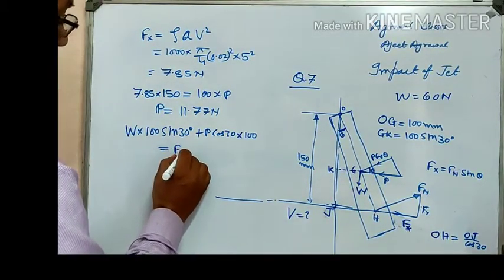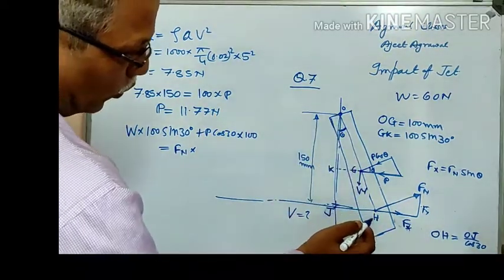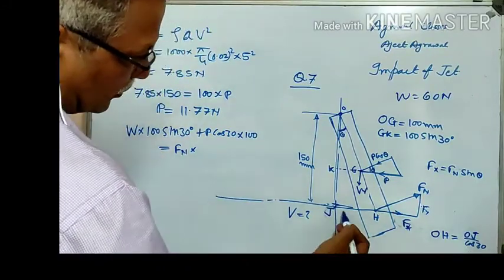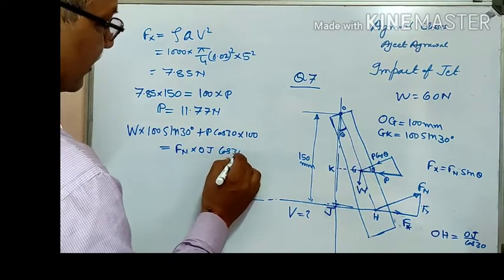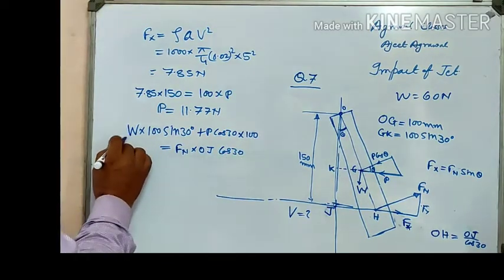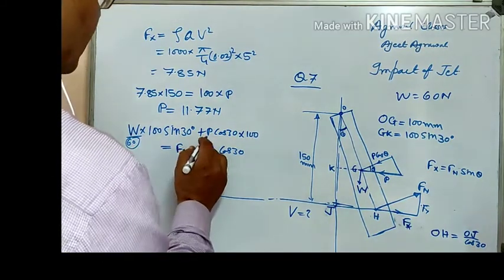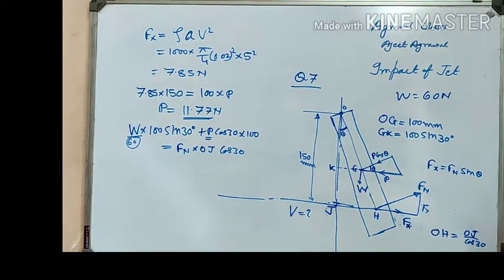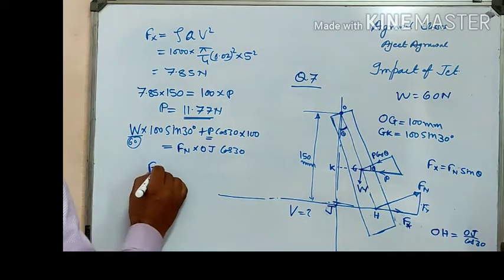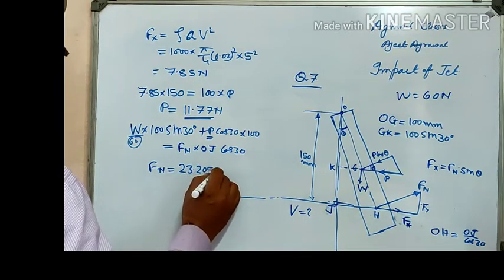It is Fn multiplied by OH, where OH is nothing but OJ cos 30. From this, W we know as 60 Newton, and P we had already calculated as 11.77. If you substitute these values, Fn comes out to be 23.205 Newton.